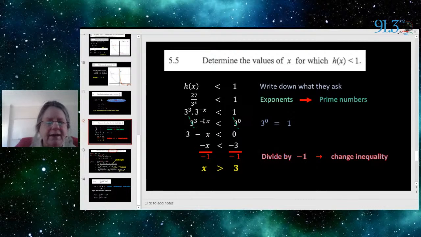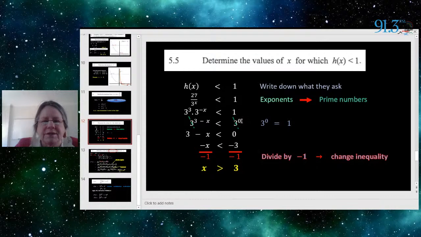We add it together like in the previous question. So 3 to the power 3 minus x less than, now this you need to know from grade 7. Anything to the power 0 gives you a 1. So we can replace this 1 with a 3 to the power 0.